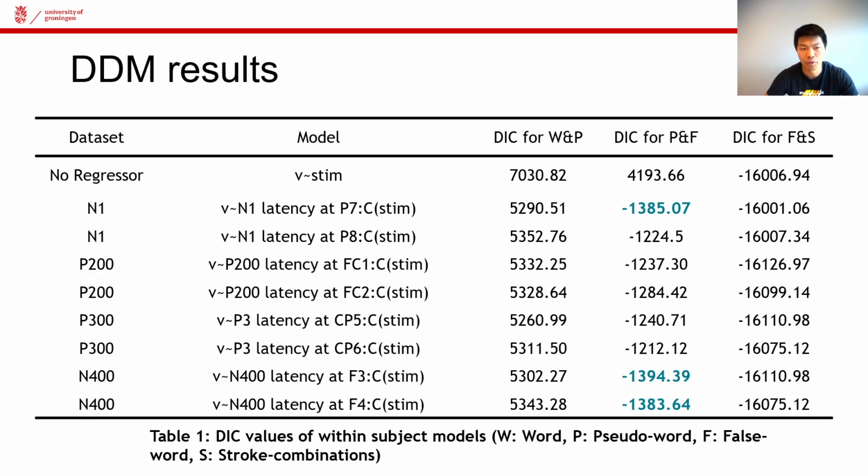And compared to the model without the ERP as a regressor, the models with the ERP components seem to provide a better fit. This is especially the case in the data sets including pseudo-words and false characters, which show how the orthographic level of processing affects the evidence accumulation.